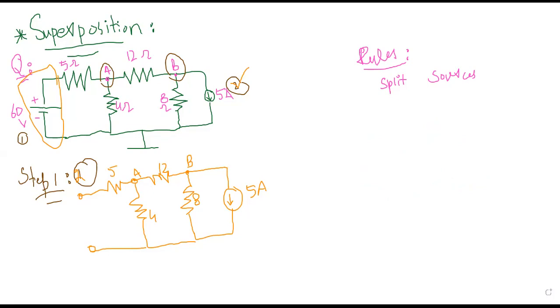So first I will compare that these two are parallel, that 5 and 4 are parallel. First is this one, 5 parallel to 4, and when this is solved, this must be in series with 12, that it is plus 12, and this whole is parallel with 8.